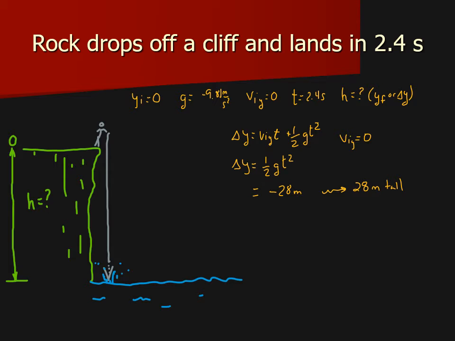Gravity is going to accelerate the rock downwards at negative 9.81 meters per second squared. The initial velocity in the y direction is also 0 because we are dropping the rock, not throwing it. So 0 at the beginning, and the time of fall is 2.4 seconds. The question is, how high is, delta y, how high is the cliff?